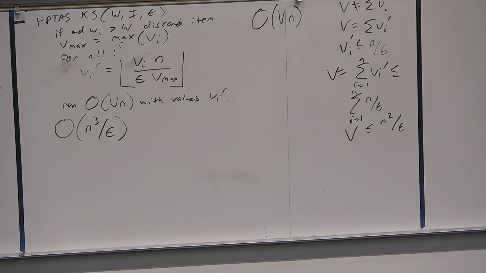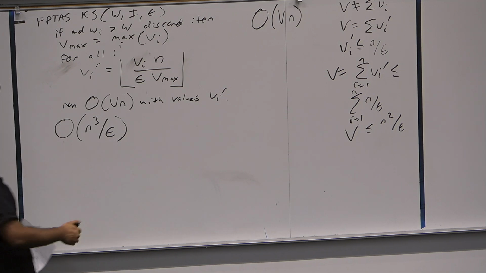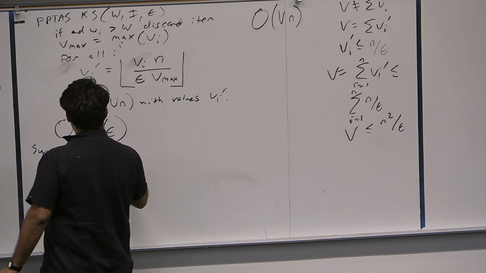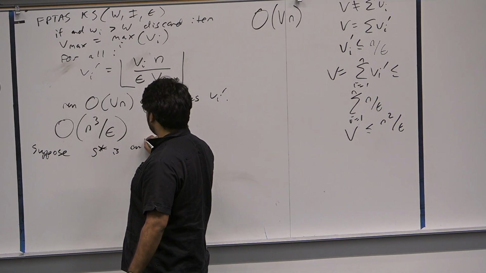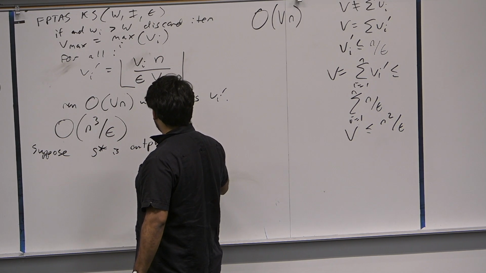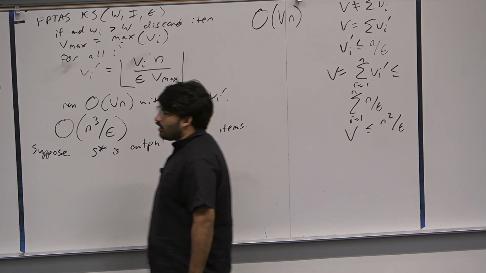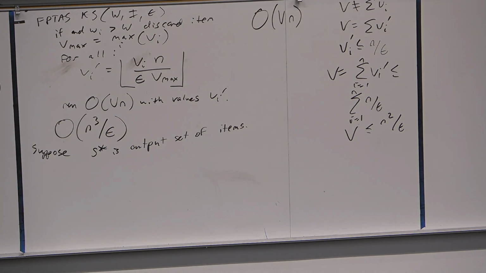So now we need to argue about optimality. So suppose S star is the output set of items. How off, and let's suppose C and C star are, for example, the sum of values we wish to seek, not the underestimated values, because of course that's going to be different than the actual answer.